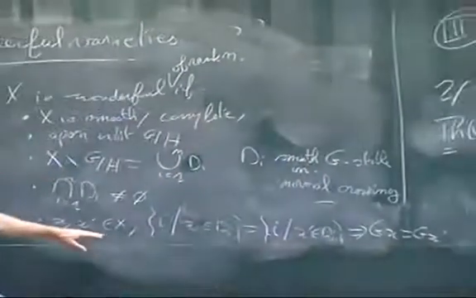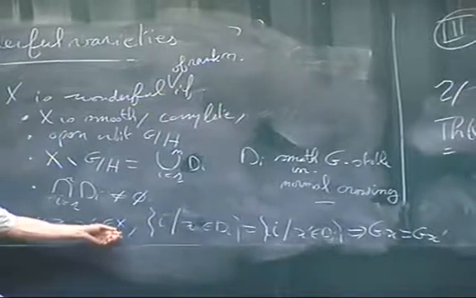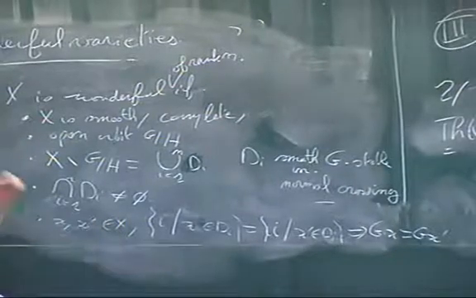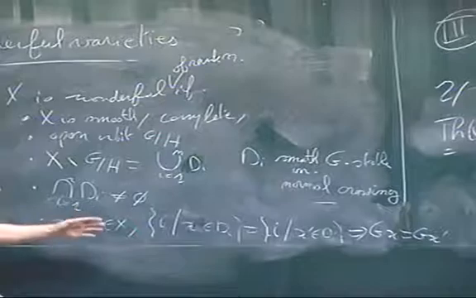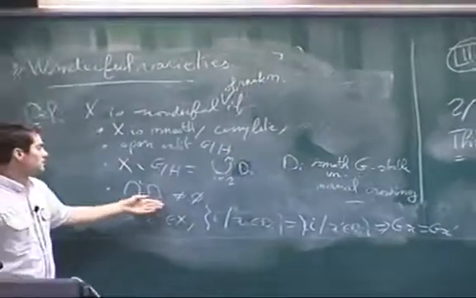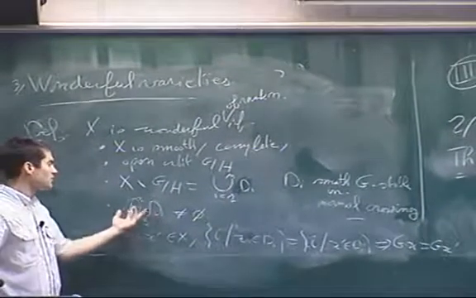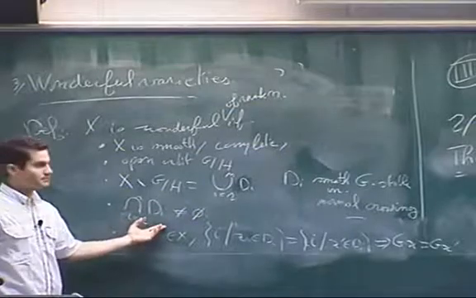So it means that the orbits in X of G are entirely defined by the possible intersections of the divisors.